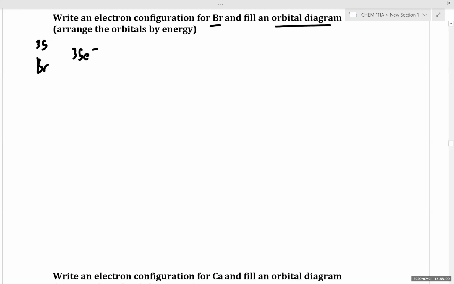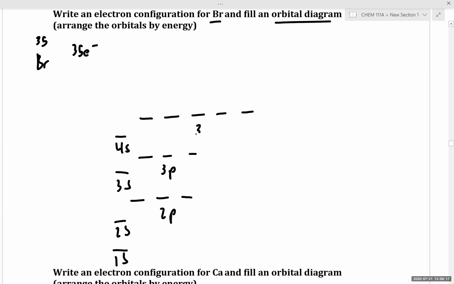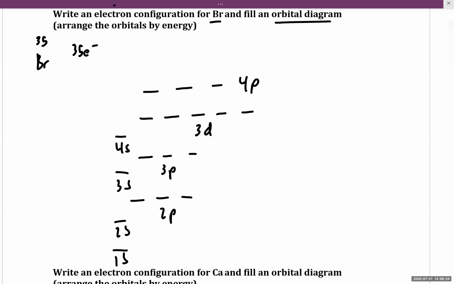So drawing out our orbitals in order of increasing energy, we have the 1s, the 2s, the 2p, the 3s, the 3p, the 4s orbitals, not the 3d, and then after the 4s orbitals, only then do we have our 3d orbitals, and then finally we have our 4p orbitals.